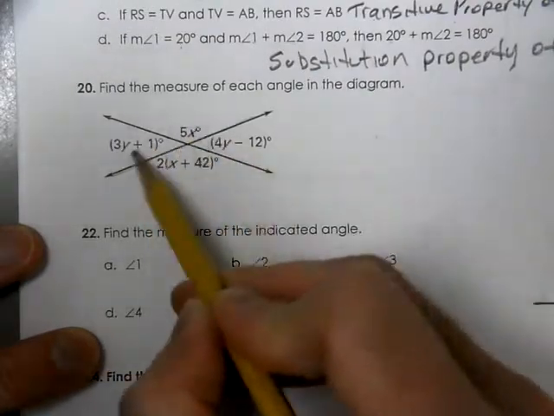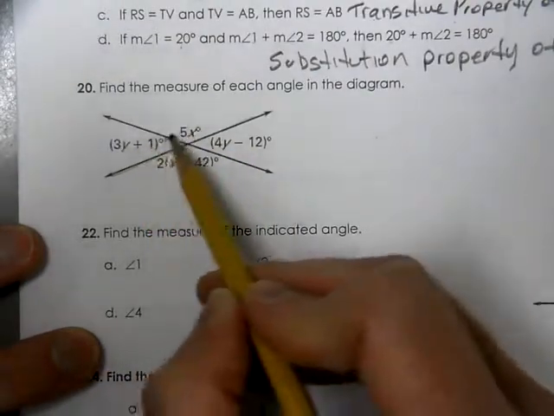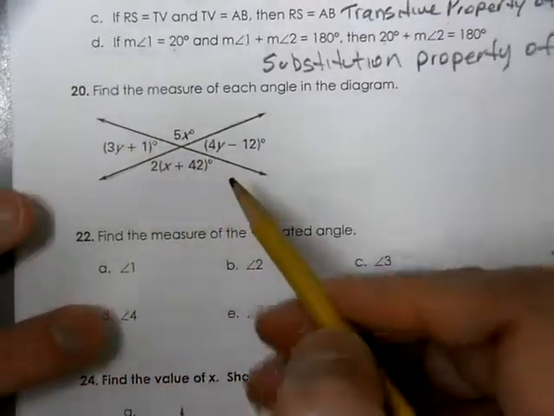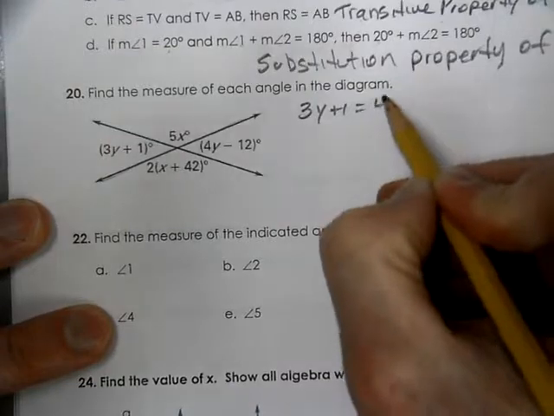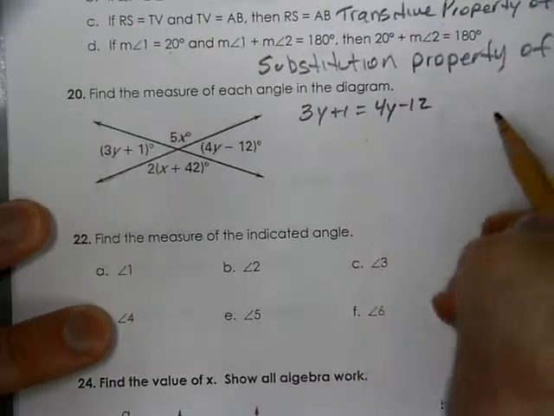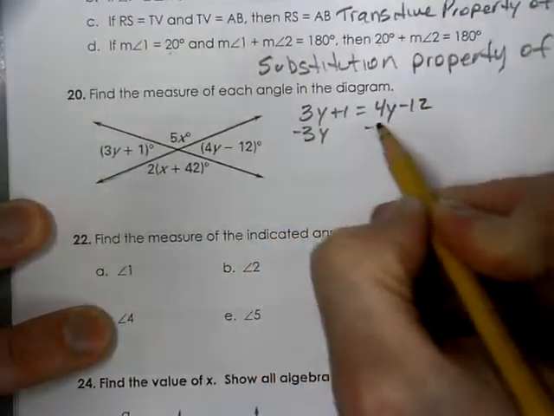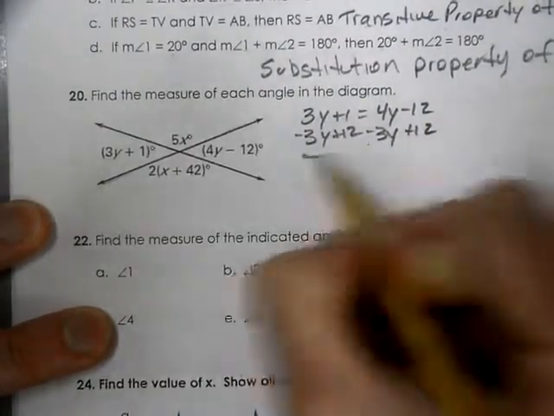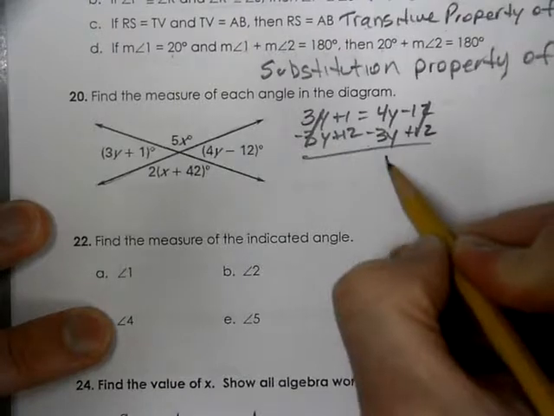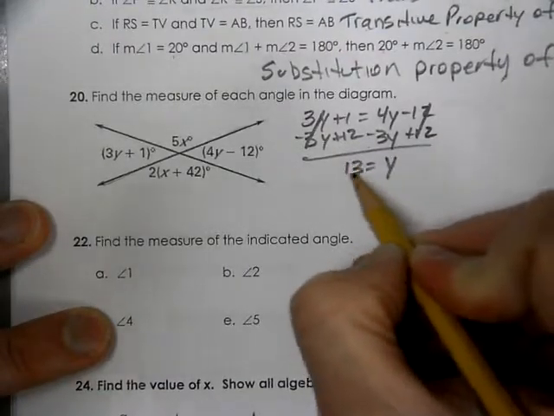Side by side, those are linear pairs, but they're different angles. We need the ones that are across from each other. So 3y plus 1 is going to equal 4y minus 12. When we subtract our like terms and add our like terms, we're going to get y that equals 13.